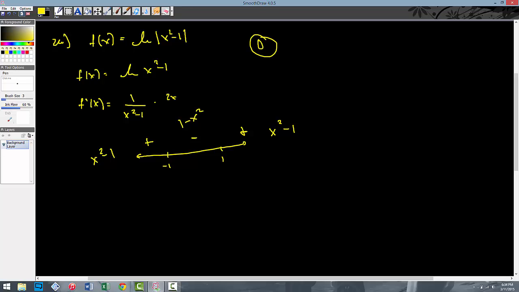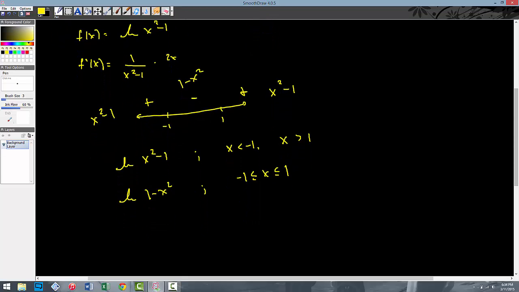If I split it up into a piecewise, if I said, look, it's the natural log of x squared minus 1 when x is less than negative 1 and when x is greater than 1, and then I said it's also the natural log of 1 minus x squared when x is between negative 1 and 1. Let's see what happens if I derive both of those functions individually.